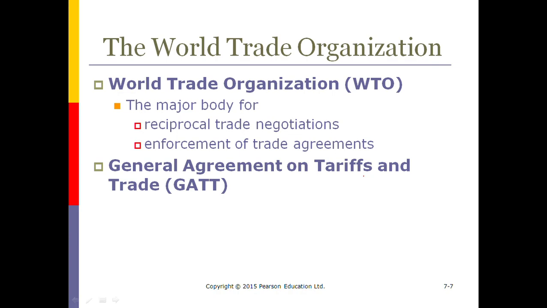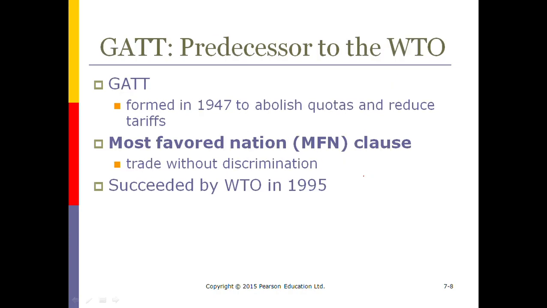got replaced with WTO. Under GATT, there was a particular clause, or an agreement section, which was called the most favored nation clause, MFN for short. It means that within the agreement, the countries would trade without any discrimination and in fact give a favored nation status to some or more countries within the agreement.